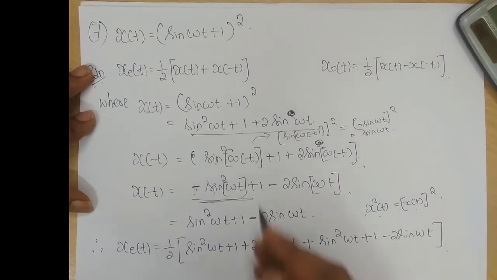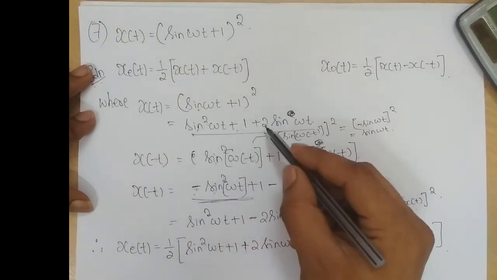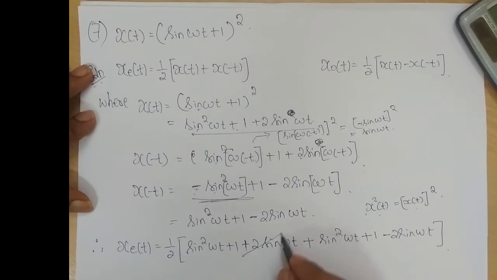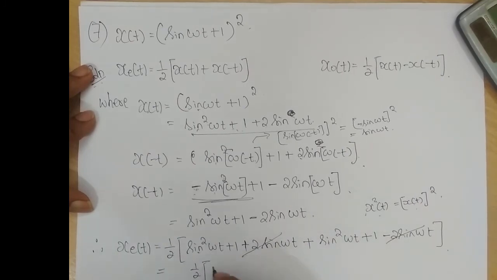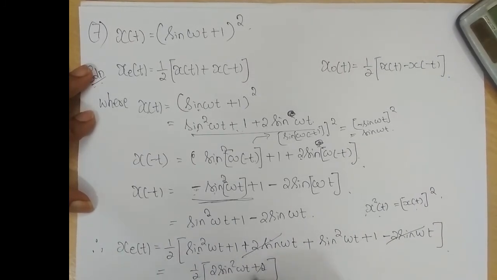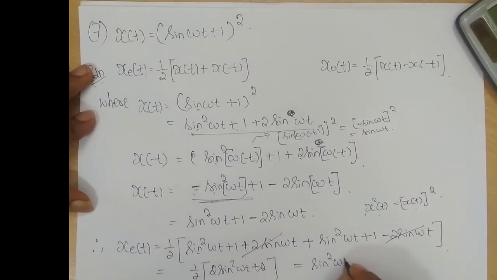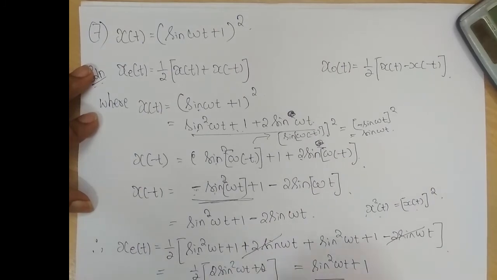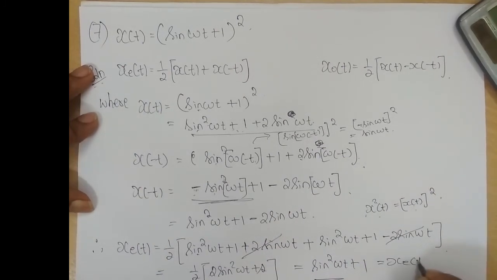This is plus, right, because sine square omega t plus 1 plus, right. So these two cancel out, so I end up with 1 by 2 into, so this is 2 times sine square omega t plus 2, so this is equal to sine square omega t plus 1. So this is our even component, right.